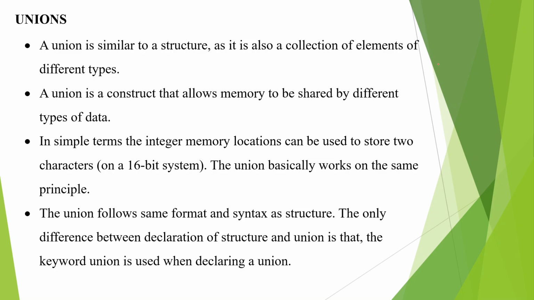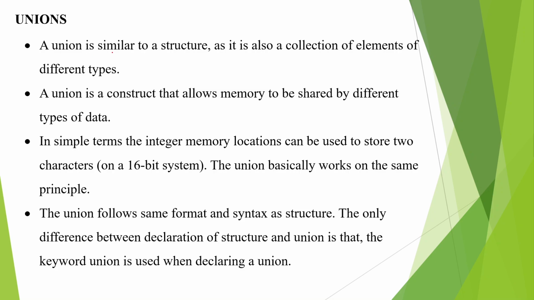If you see the definition of a union, we are saying it is similar to structures. There is a big difference between the words similar and same. We are not saying a union is the same as a structure. We are saying similar, in the sense that some properties will be common, but a union will also have its own different properties.